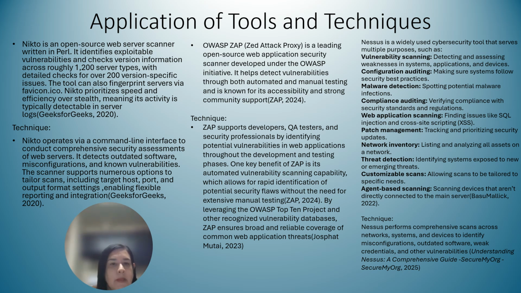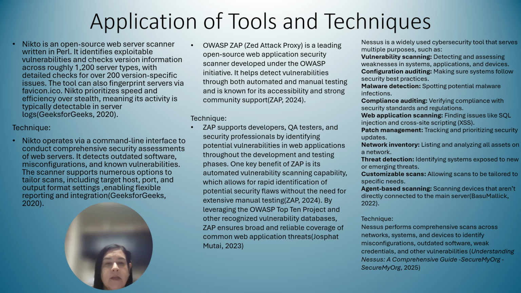The first application of tool is Nikto. Nikto is an open source web server scanner written in Perl. It identifies exploitable vulnerabilities and checks version information across roughly 1,200 server types with detailed checks for over 200 version-specific issues. The next one is OWASP ZAP.